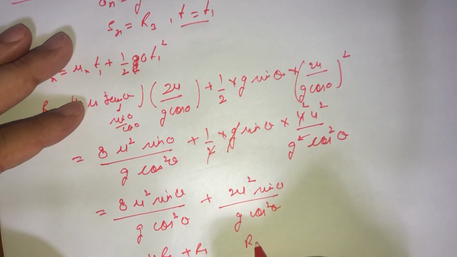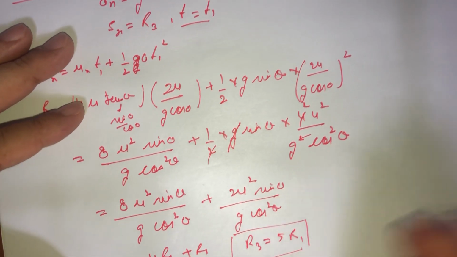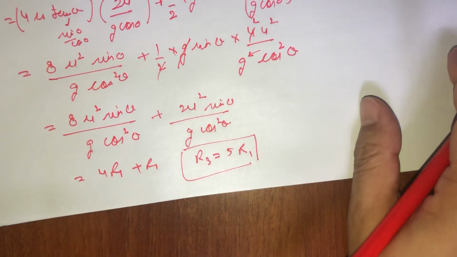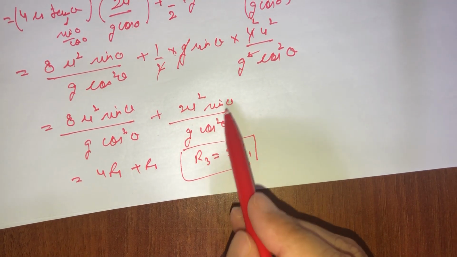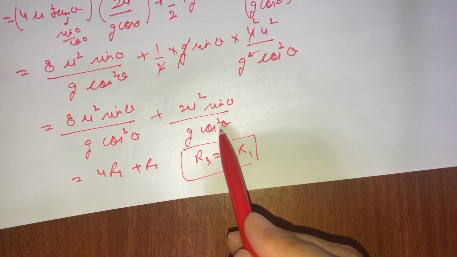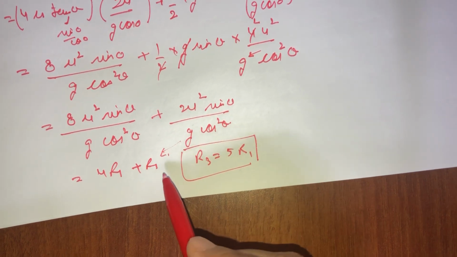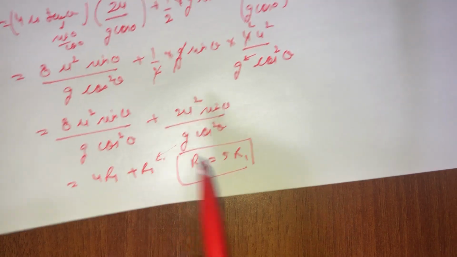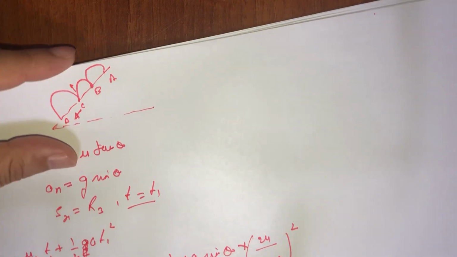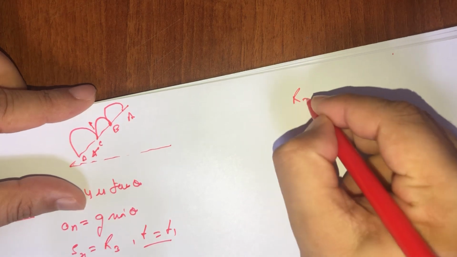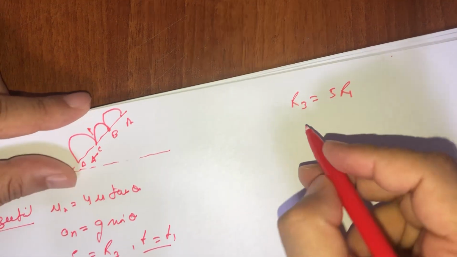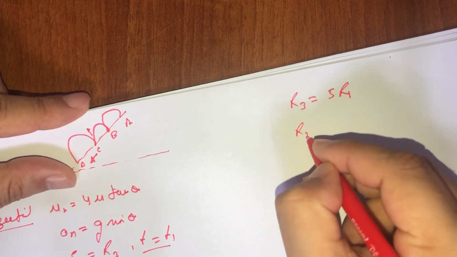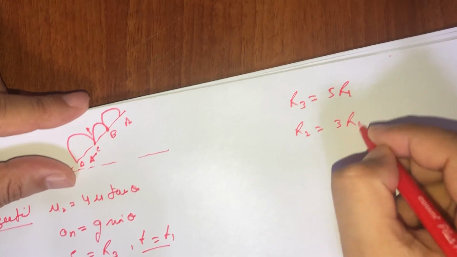So we can say that R3 is equal to 5 times R1. So we got both R3 is equal to 5 times R1 and R2 is 3 times R1.